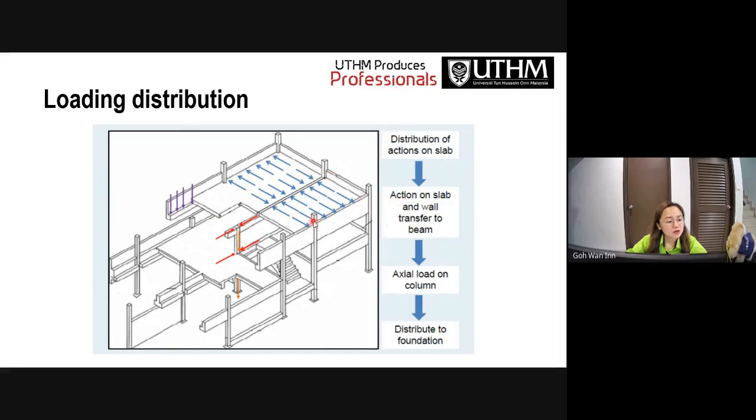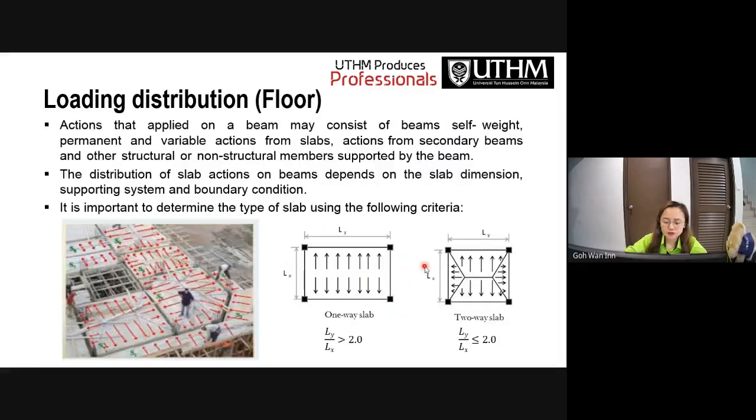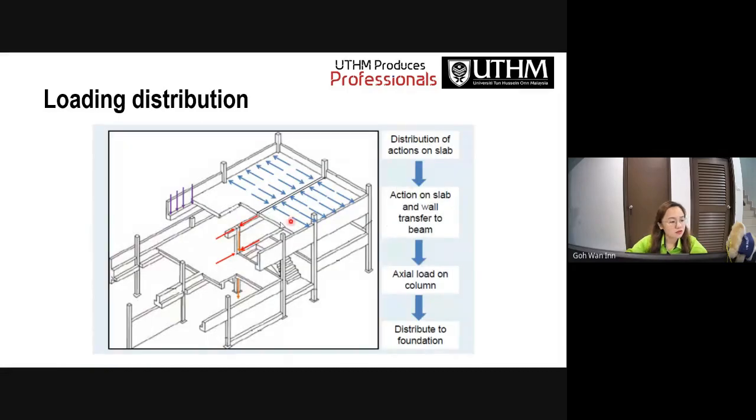And then the beam will transfer the load to the column. So this is the column. Let's say here you have one column, so it will take half.